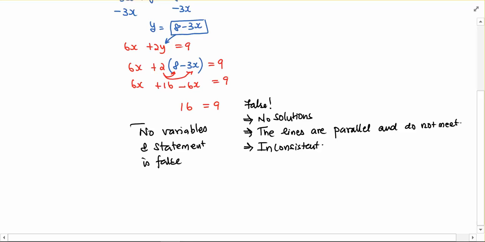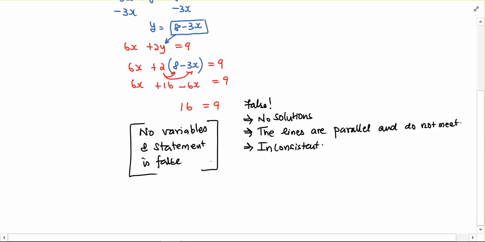Okay, so when it's dependent, in the last video we saw a situation where it was the same line, we had an infinite number of solutions, also had no variables, but the statement was true. Right? So learn to identify them, memorize these markers, so that when you come across this situation, you know what's going on. Right?